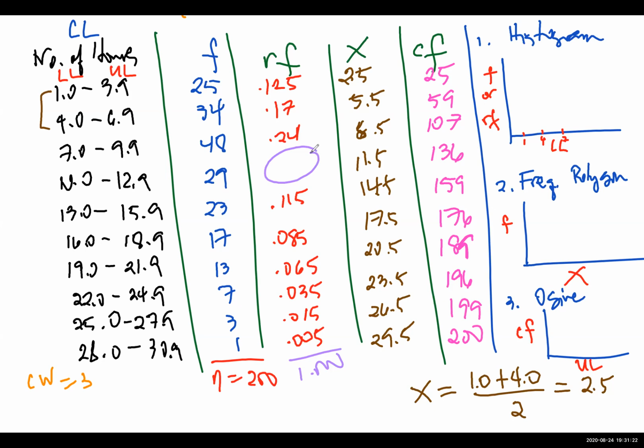It's going to be 0.145. Or if you're using frequency, let's say this one is missing, 13. You know that your n is 200. So all you have to do is add all these numbers and subtract it from 200, and you will get 13. Okay? Yeah, thank you. No problem.